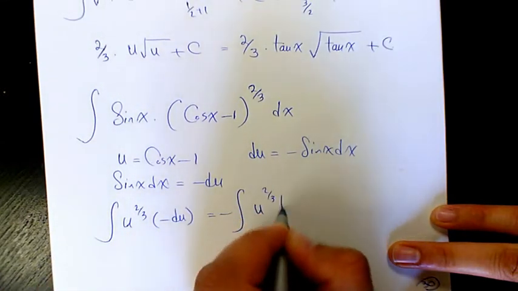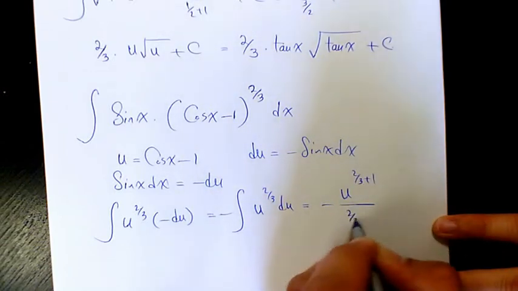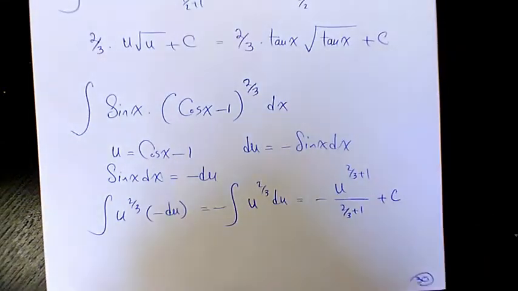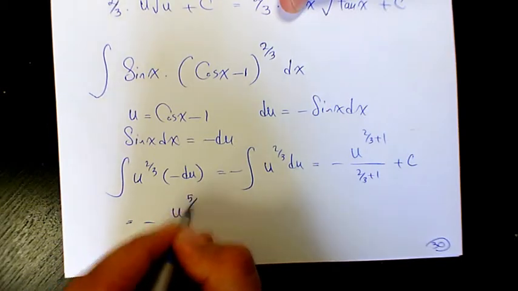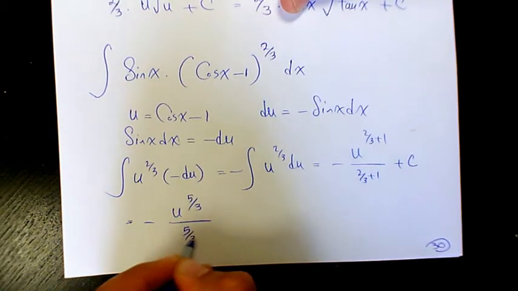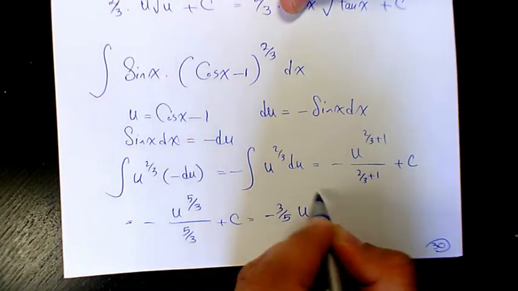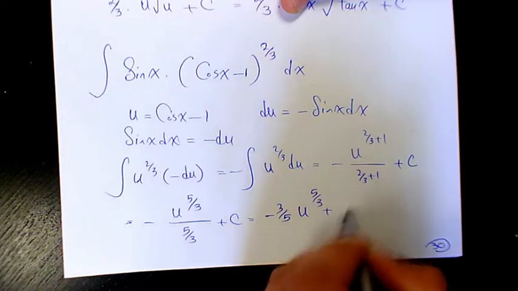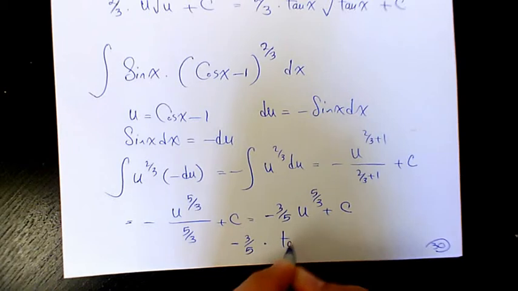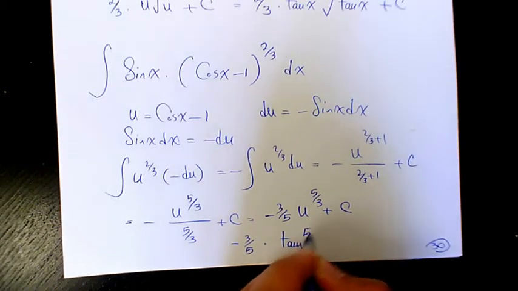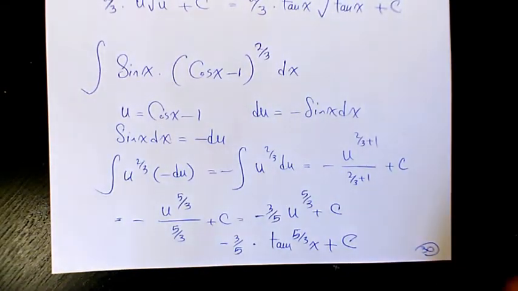So that's going to be u to the power of 2 over 3 over 3 plus c, which is going to be negative 3 over 5 tan to the power of 5 over 3 x plus c. That's the final answer.